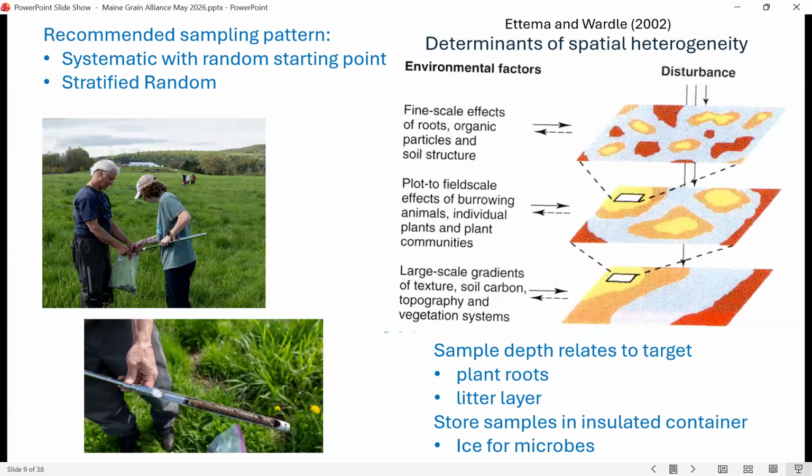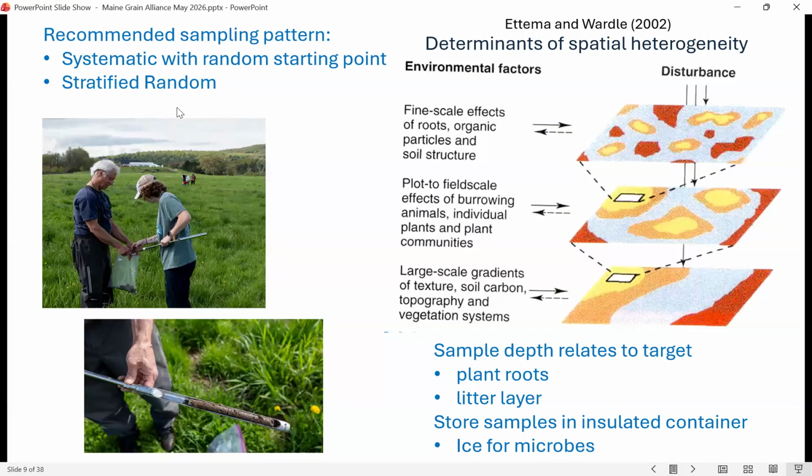And depending on the size of my area of sample, I might walk 10 paces, take another one, walk another 10 paces, take another one. The idea is not to sit and think about, does this look nice or does this look bad? You're trying to be representative across that space. Unless, of course, you were worried about a particular disease or something, then that would be a different kind of sampling pattern.